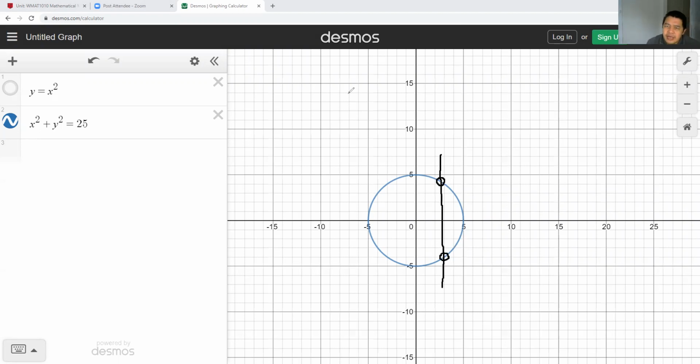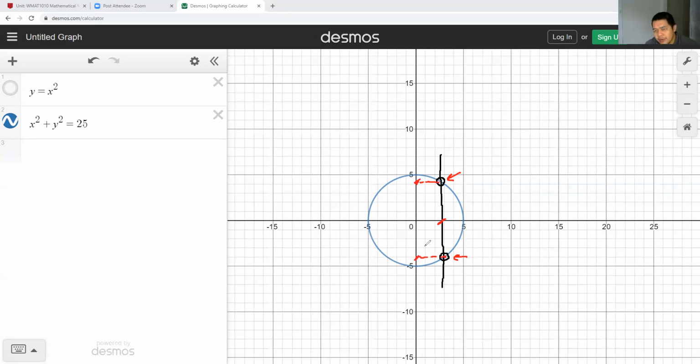That means this x value doesn't give you a unique value of y. It doesn't give you a single value of y. This x value gives you 2 points of y here and there, where the first corresponds to this number here, and the second corresponds to the negative value of it.